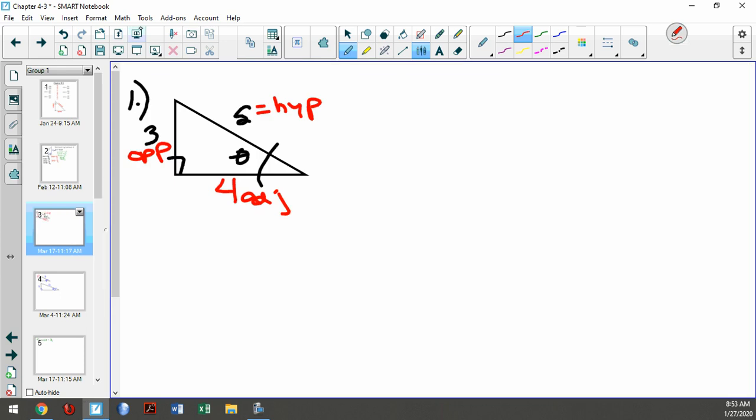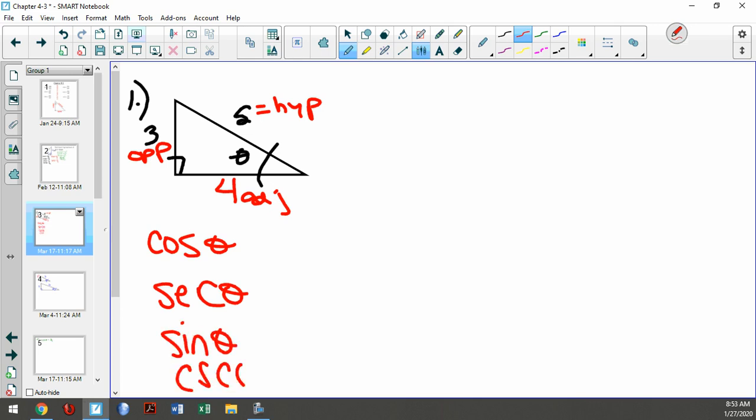We good? So again, cosine of theta, secant of theta, sine of theta, cosecant of theta, tangent of theta, and then cotangent of theta. Okay, what is the cosine of theta going to be?